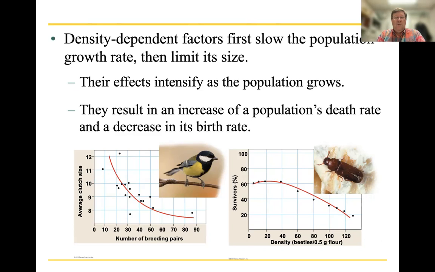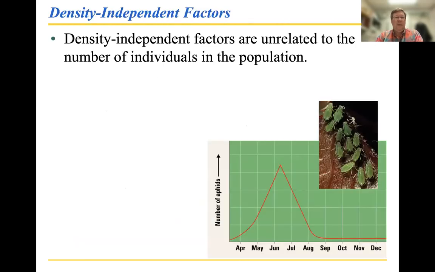So the survivorship at higher densities is only a third of what it is at a lower density. So clearly, if you want a stable population and a healthy population, then you need to pay attention to its size.